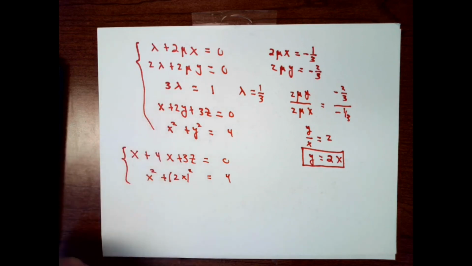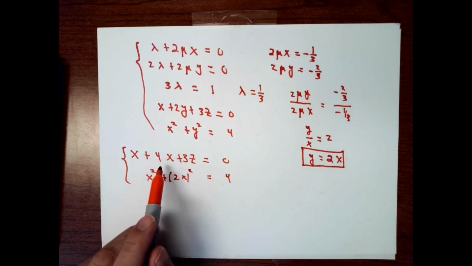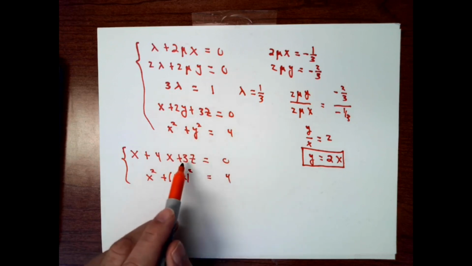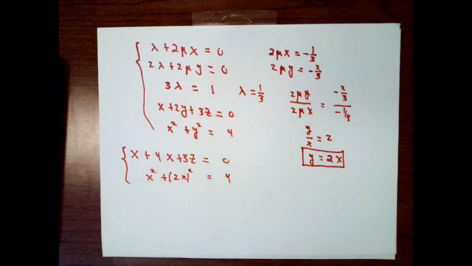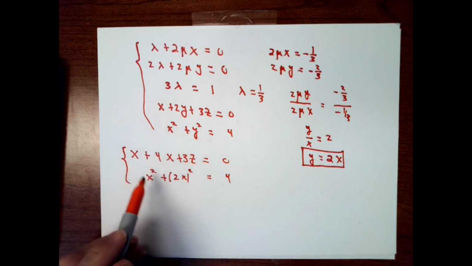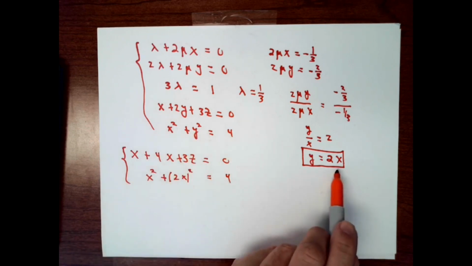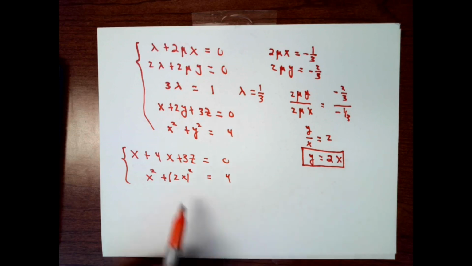X plus 2 times y. 2 times 2x is 4x, plus 3 times z is 0. This equation only has x and z in it, but even better, this equation, x squared plus y squared equals 4, becomes x squared plus the square of y, which is 2x, equals 4.